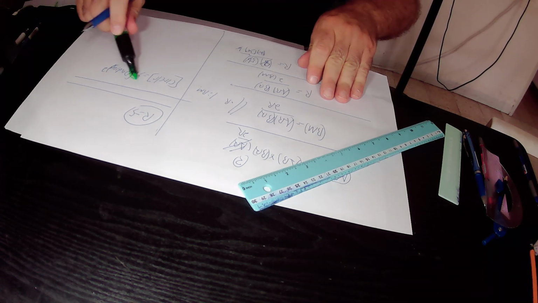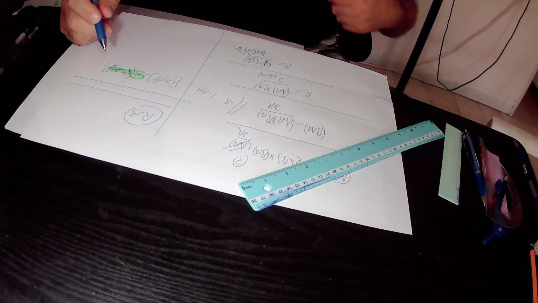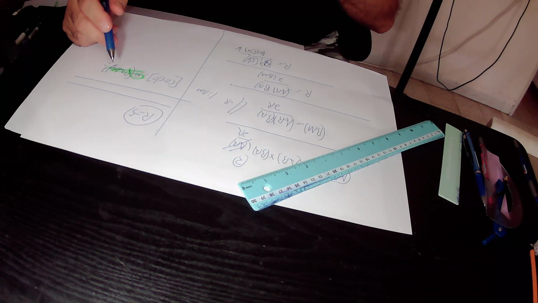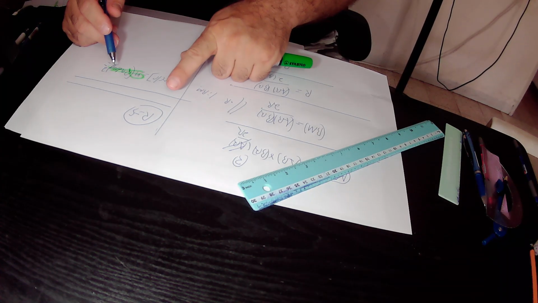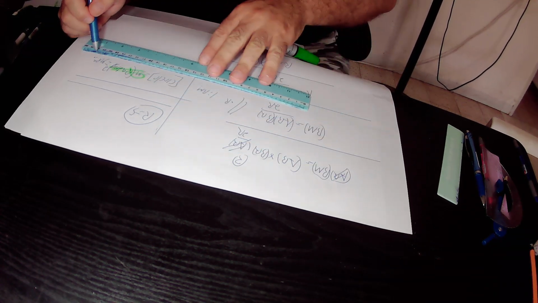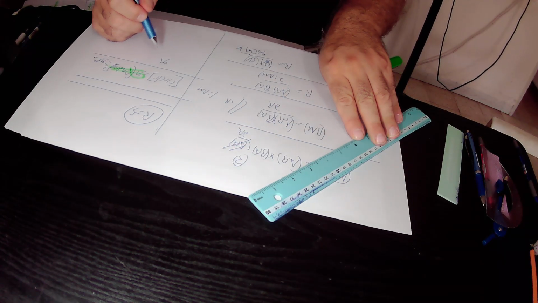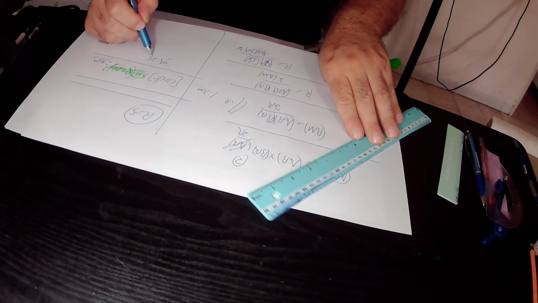Therefore the area of our circle must be equal to pi R squared, but R is 5. Therefore R squared is 5 squared, that is 25. So pi R squared is 25 pi.